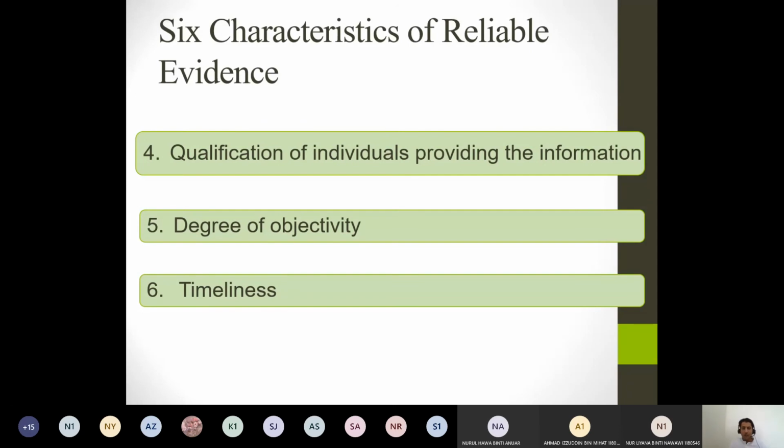It means, if it is internal, less bias, who is the one who provides this evidence. So let me give you an illustration here about the degree of objectivity. If someone else provides this evidence, not, let's say, the accountant, the one who provides it will bring you the same information, so it is less unbiased.